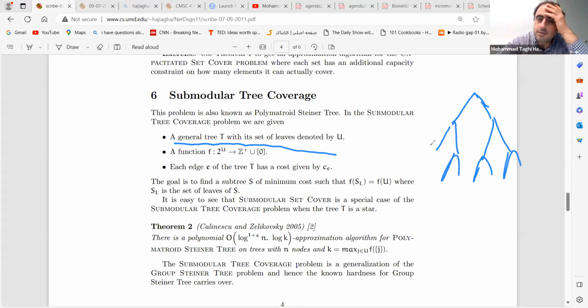A tree is given to you, and this is the set of leaves, U1, U2 to Un. And there is a function which is defined on the set of leaves.